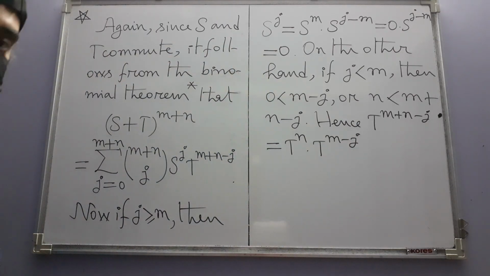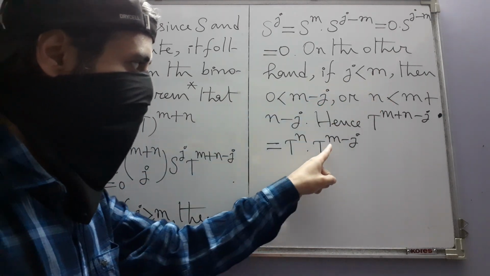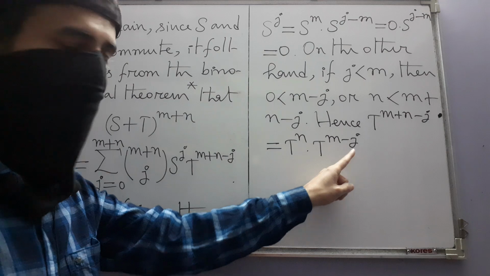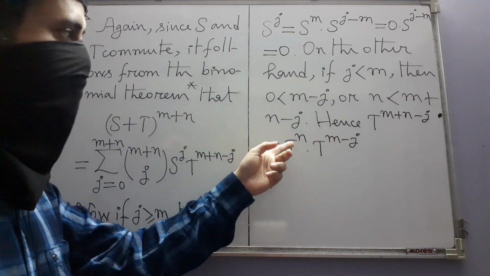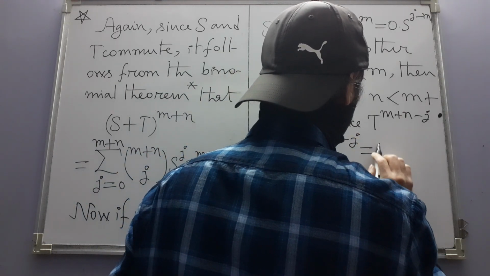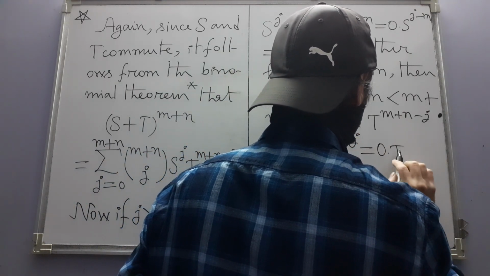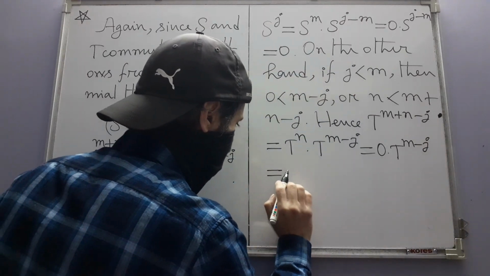Okay, and again, this is justified because j is less than m. So this exponent here is non-negative. Actually, it's positive, but this we know is 0. So this is equal to 0.